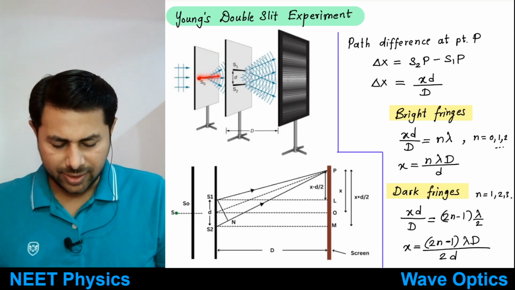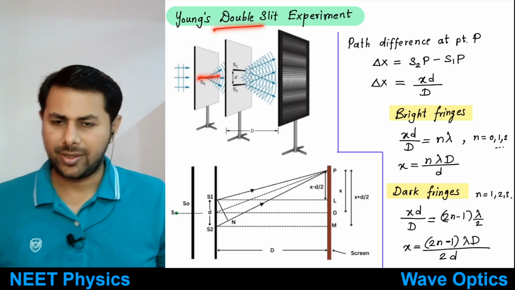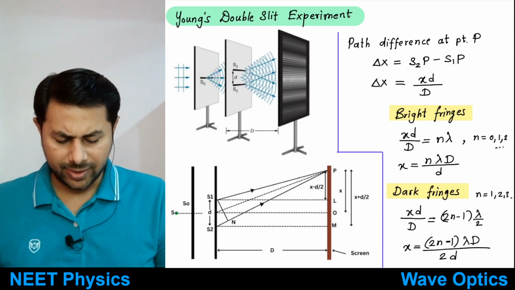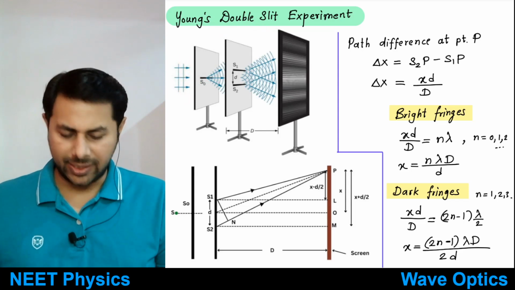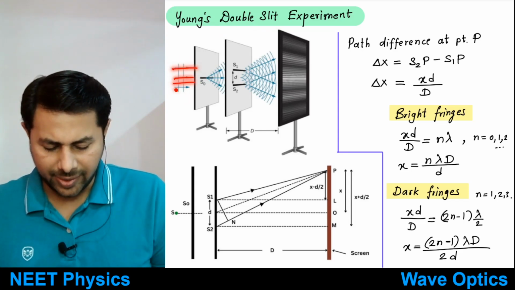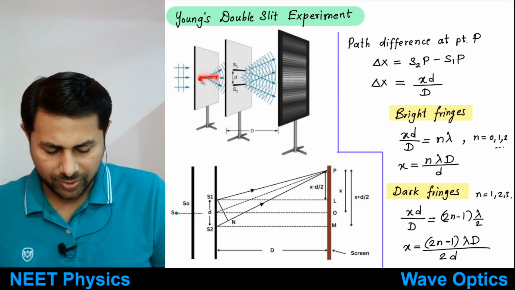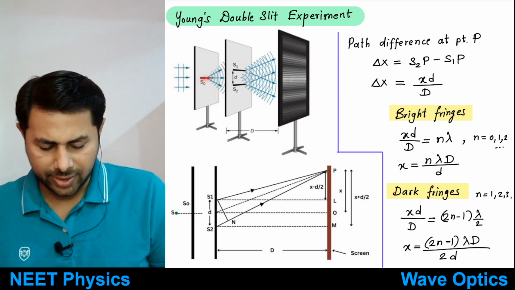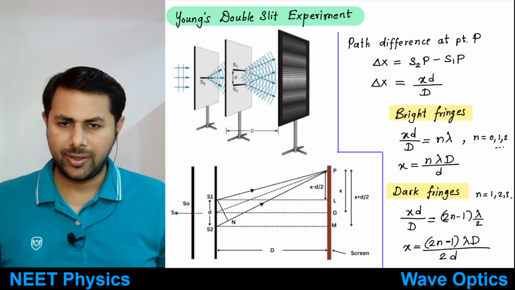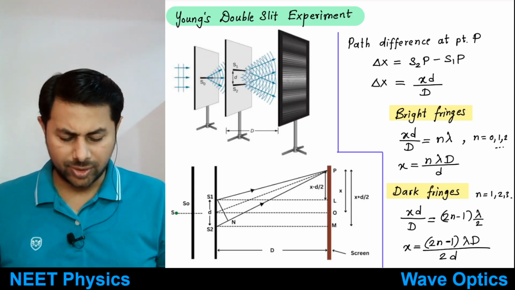And this we know from the Huygens theory: suppose this is a wavefront, then each point on the wavefront behaves like a secondary source. So now if this light strikes on this first cardboard, wherever you have a slit, all these points on the slit will behave like secondary sources of light.